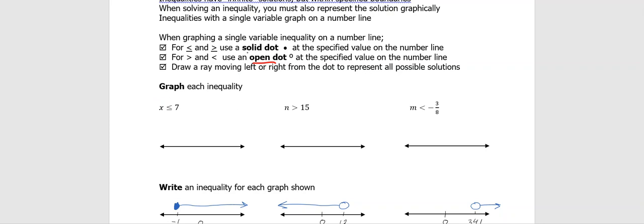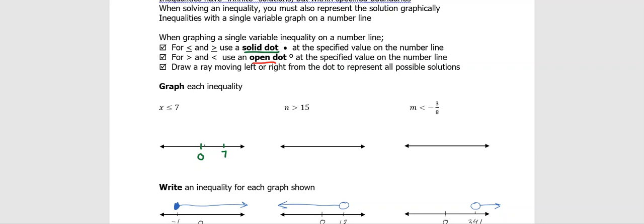So right away, we can see in our first example that we are going to have a closed dot because this says x is less than or equal to 7. So the way I'm going to ask you to write your graphs is on your number line, always mark 0. Always mark what I'm going to consider the boundary of your solution, in this case the 7, in respect to 0, just being a positive number somewhere to the right.